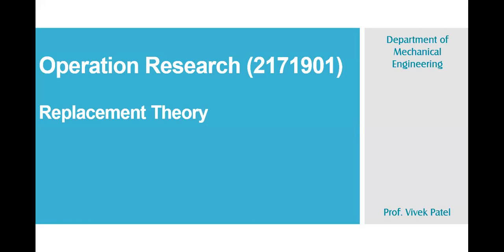In the previous lecture, we had discussed the fourth model, which is individual and group replacement theory, wherein we discussed a few cases related to replacement decisions. There are certain cases when a component fails suddenly and the cost of that component is very low.